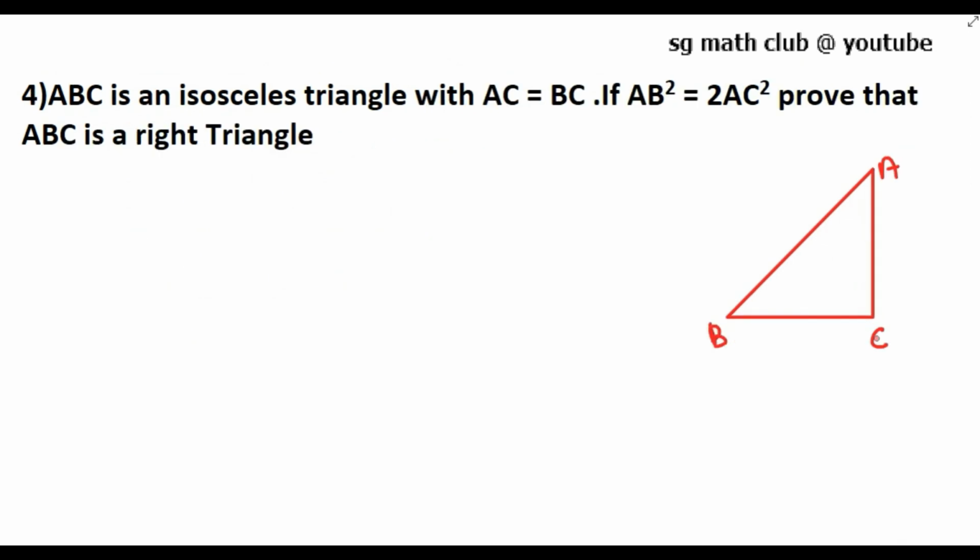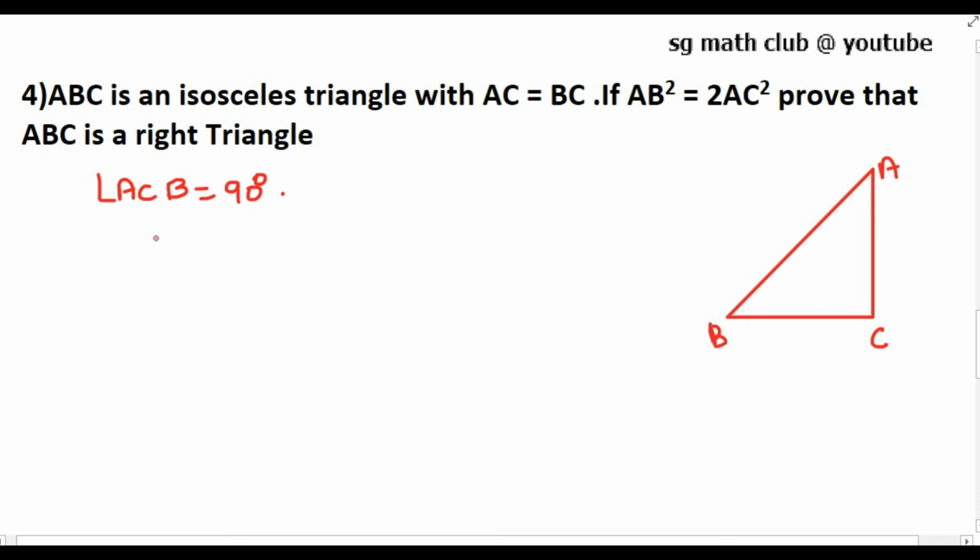So this is just the opposite of the previous problem, the converse of the previous problem. ABC is an isosceles triangle with AC equal to BC. If AB square equals 2AC square, prove that ABC is a right triangle. So here we need to prove ABC is a right triangle. That means we need to prove angle ACB is 90 degrees.